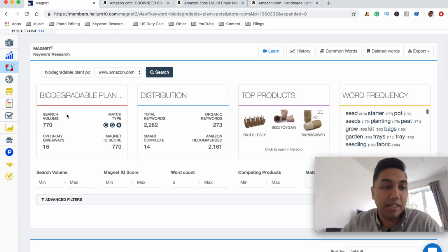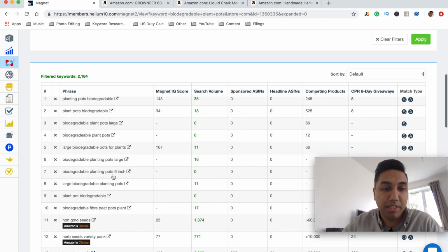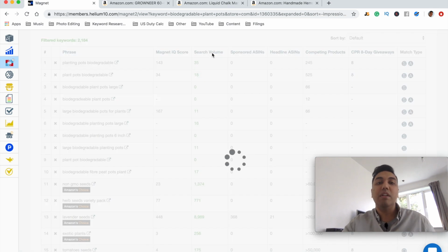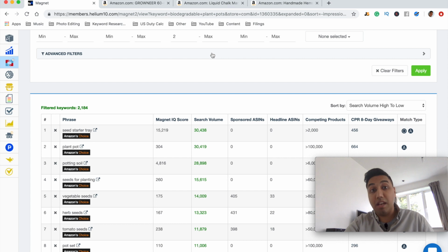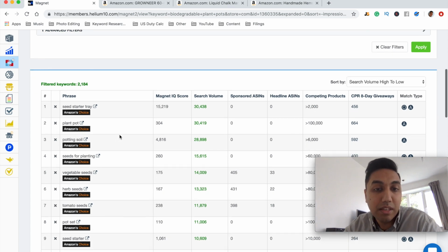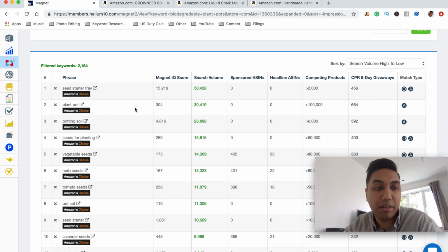Now what we can see here is there's a search volume of 770, but all we would really need to do is scroll down and hit this button here, which orders it by search volume, so we can find out the highest searched keyword, the highest searched key term, so we can make sure that we're targeting the right words.